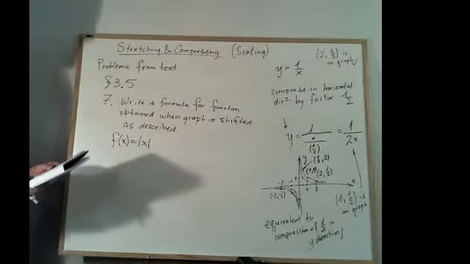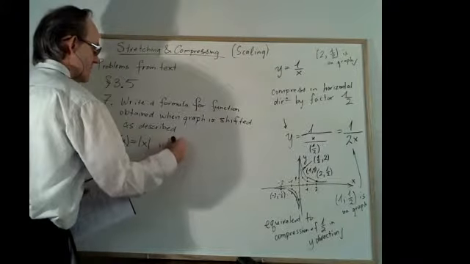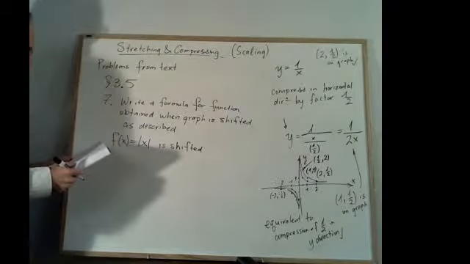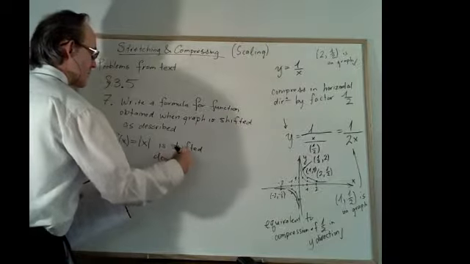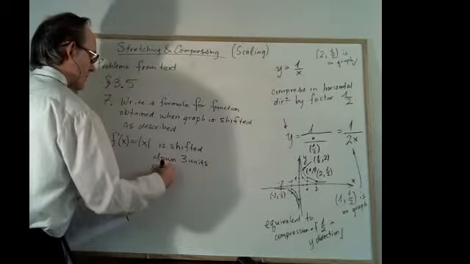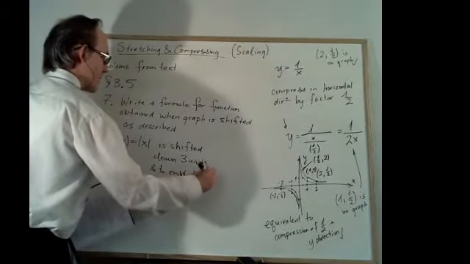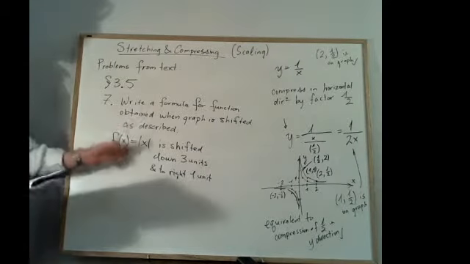f of x is equal to the absolute value of x, and this is shifted down 3 units and to the right 1 unit. Okay, shifted vertically down by 3 units.